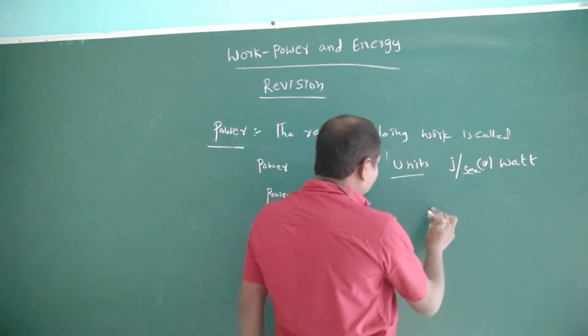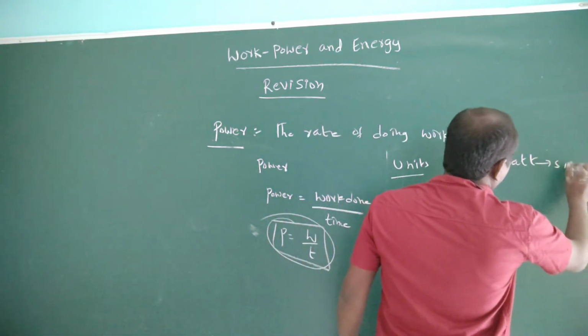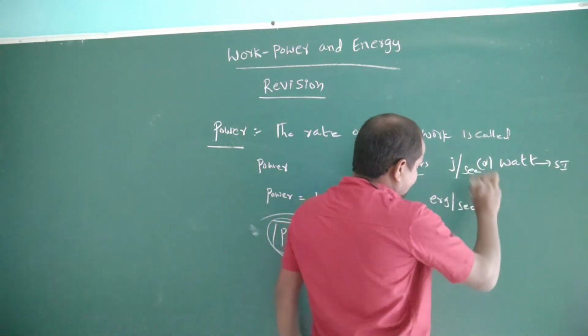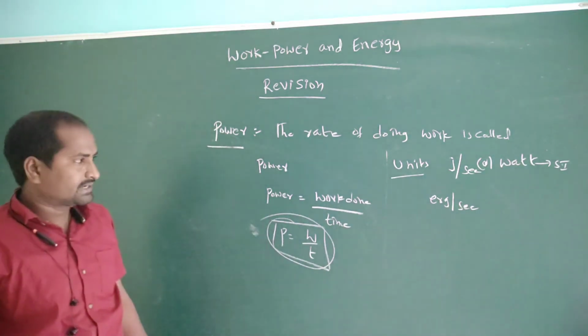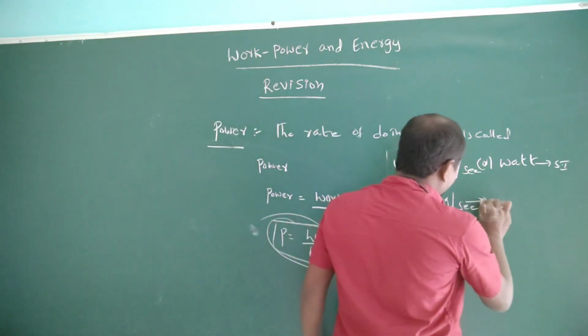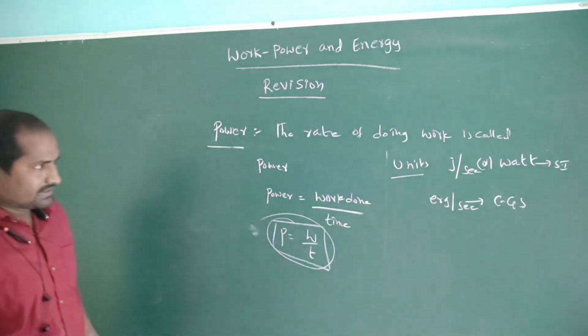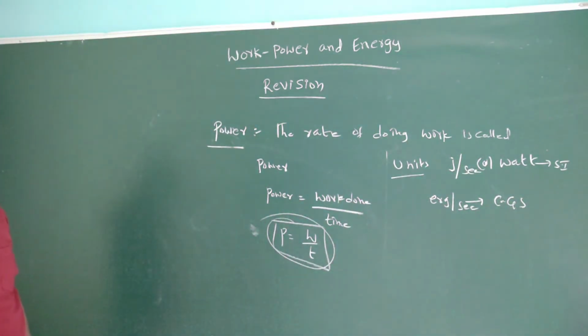Next, erg per second is the unit of power in the CGS system. The SI unit of power is joule per second or watt. The CGS unit of power is erg per second. We can also measure in practical units, horse power.